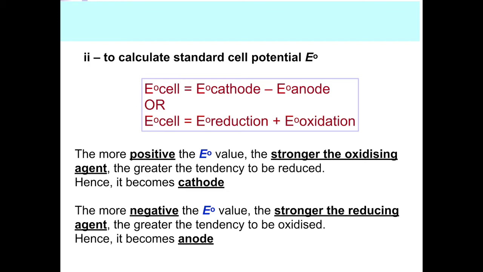While the more negative the E0 value, the stronger the reducing agent, the greater the tendency to be oxidized, hence it becomes the anode. So, a more positive E0 value becomes the cathode, but a more negative E0 value becomes the anode.